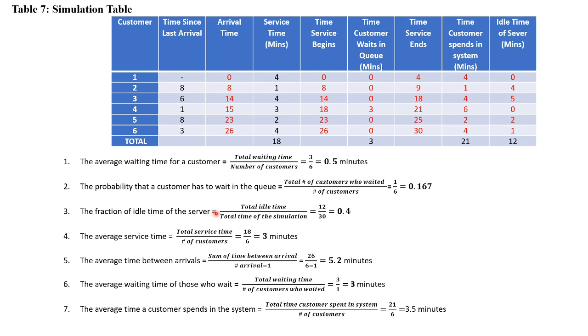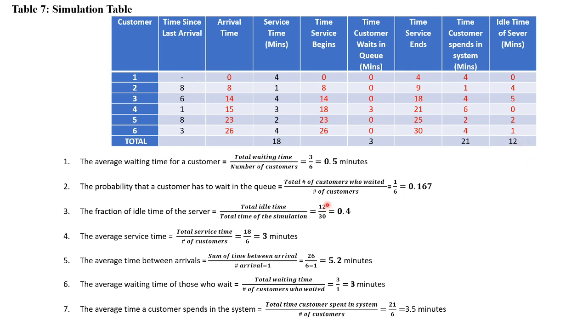Then the fraction of idle time of the server. Fraction of idle time of the server is equal to the total idle time of the server divided by the total time of the simulation. The total time of the simulation in this case is 30. All the services ended by 30. Everything has ended. So that is 30 there. Then the total idle time of the server is 12.